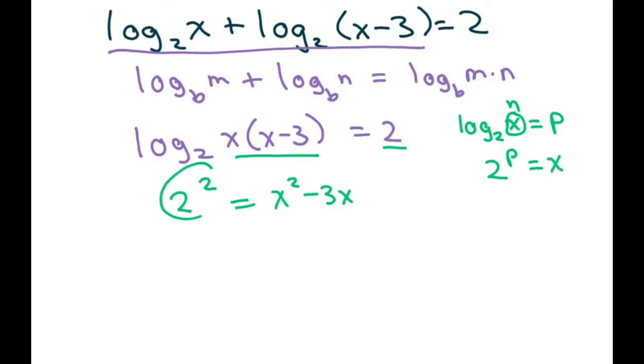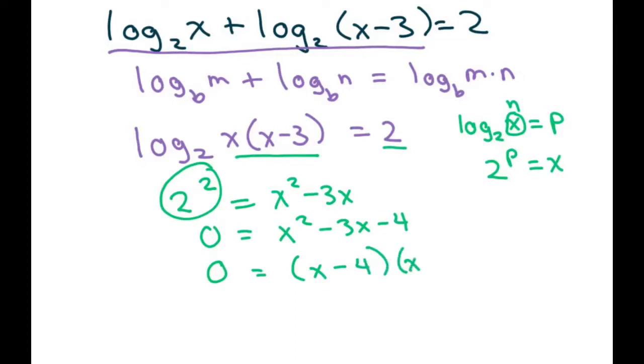Now this equals 4, so I'm just going to move it to the right side here. Now I'm going to factor. So my solution set should be x equals 4 and x equals negative 1. Whoops, why did I put negative 4? Negative 1.